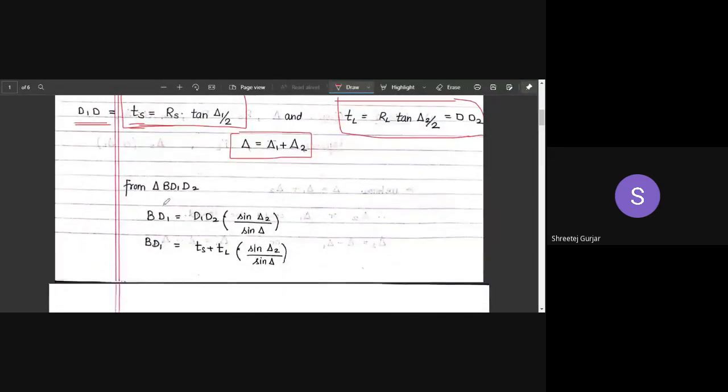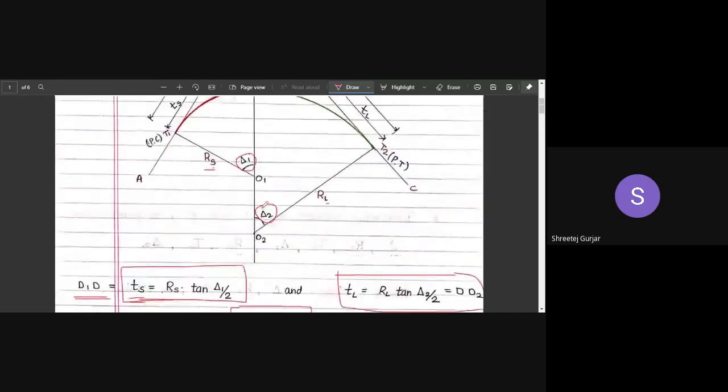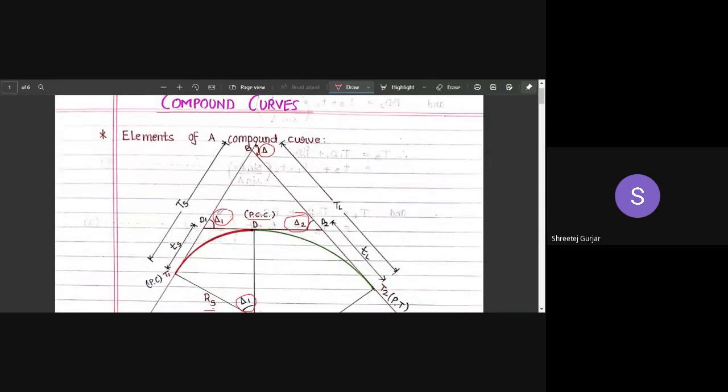Now, from triangle BD1 D2, let us check where this triangle is. We have to find out BD1. Let me show you which triangle we are talking about.